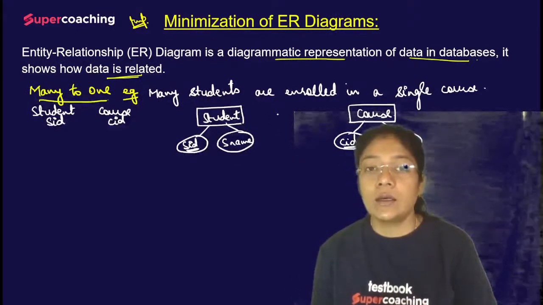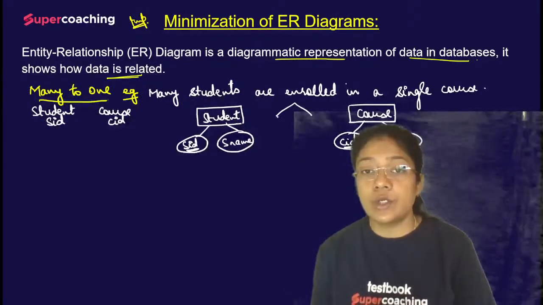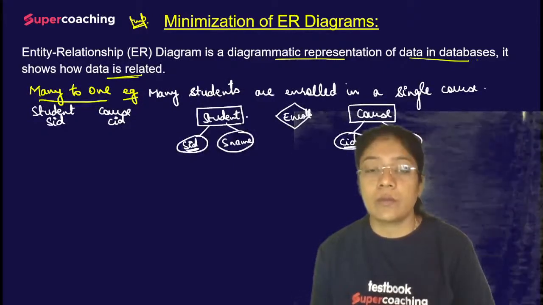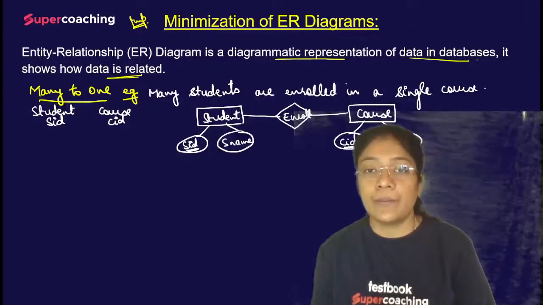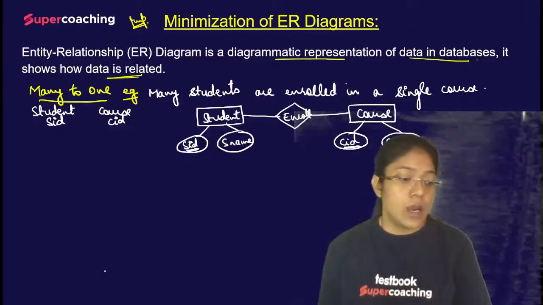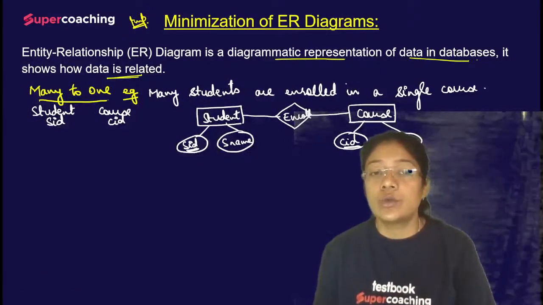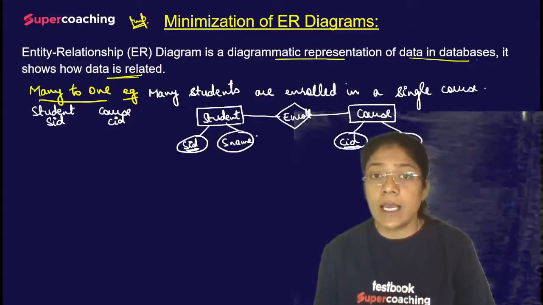Okay, and enrolled is a relationship here. Now let's find out the student ID in the enrolled relation.